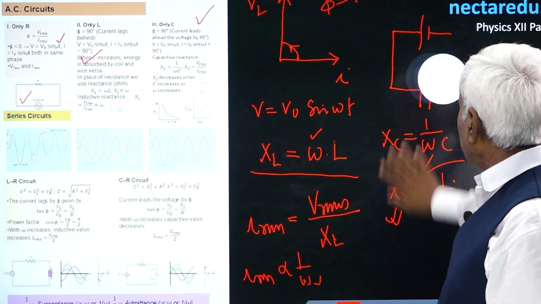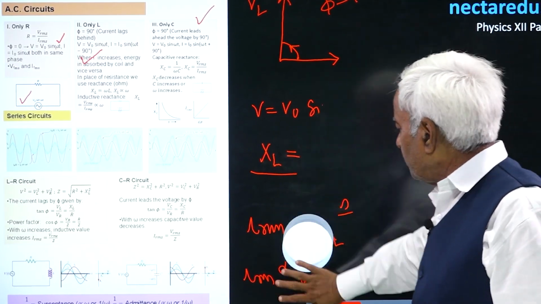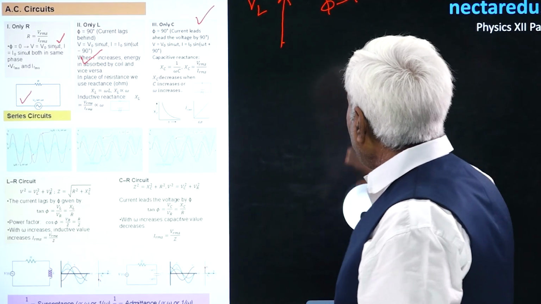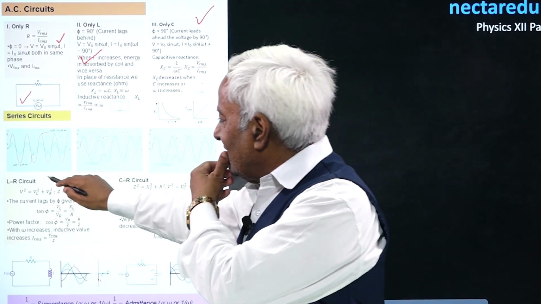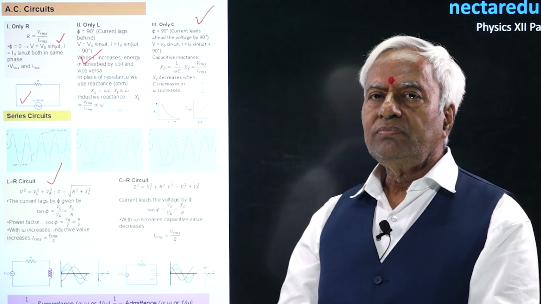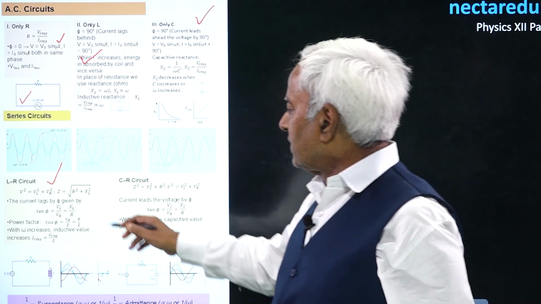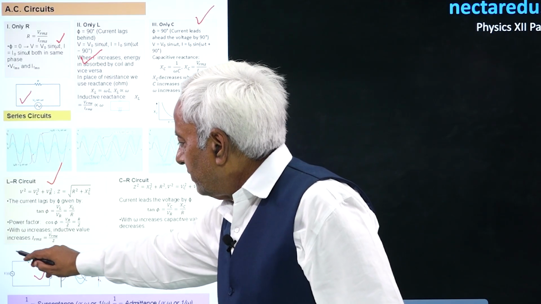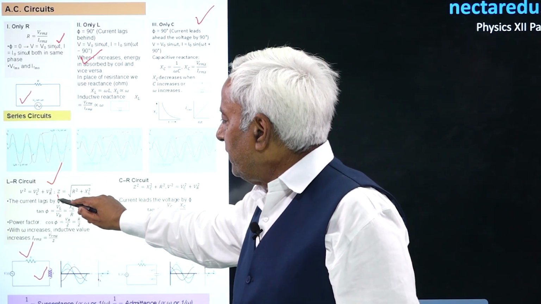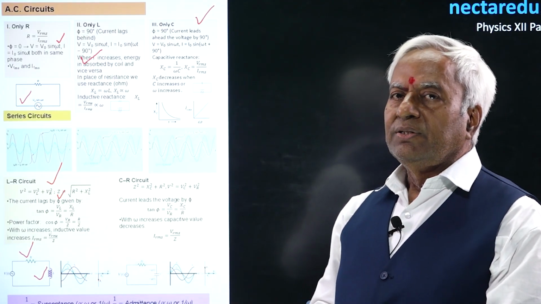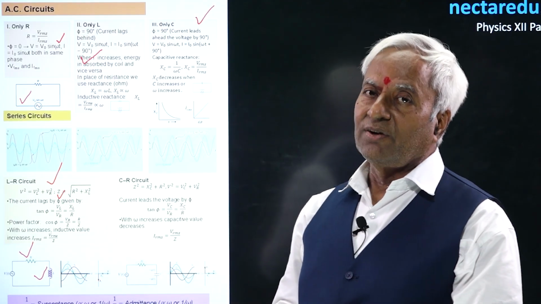Now, after knowing all these fundamental and basic things, we could apply them in compound circuits like LR and CR. Here you see LR. In an LR circuit, coil and resistance both are there. Here you are going to use impedance in place of reactance or resistance.